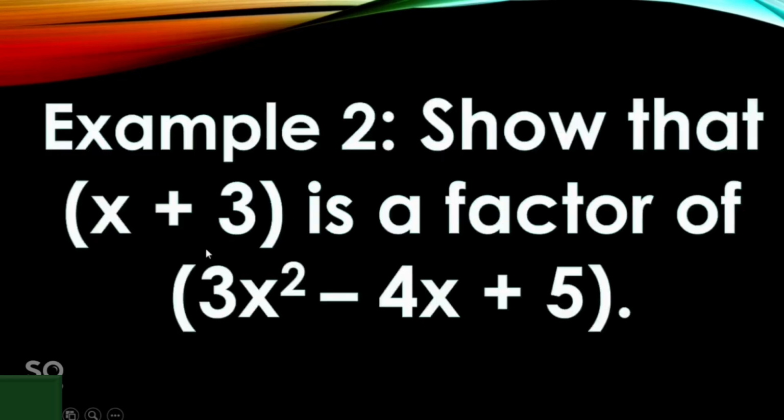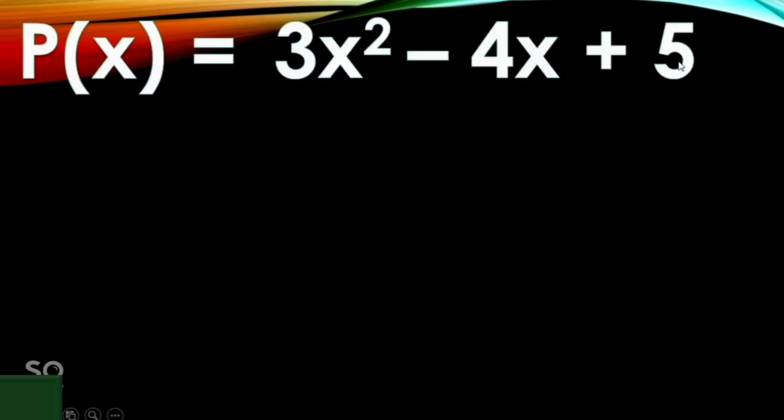Okay, next, show that x plus 3 is a factor of 3x squared minus 4x plus 5. Aalamin natin na yung x plus 3 ay factor ba ng 3x squared minus 4x plus 5. And this is the polynomial, and we have x equals negative 3.